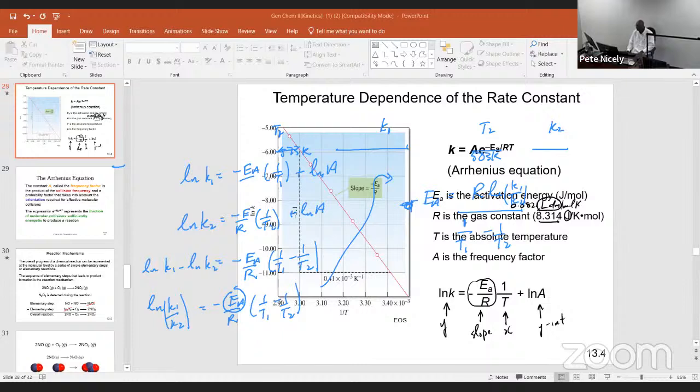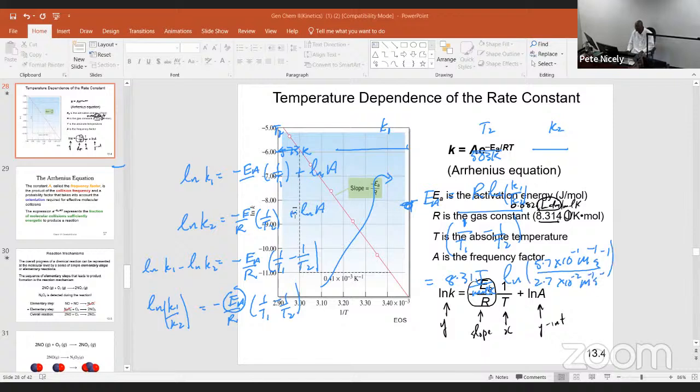Okay, so with that said, all we have to do from here is plug the numbers in. R is equal to 8.31 joules per mole Kelvin, times ln k1 over k2. What's k1? k1 is 5.7 times 10 to the minus 1, m to the minus 1, s to the minus 1, over k2, which is equal to 2.7 times 10 to the minus 2, m to the minus 1, s to the minus 1.